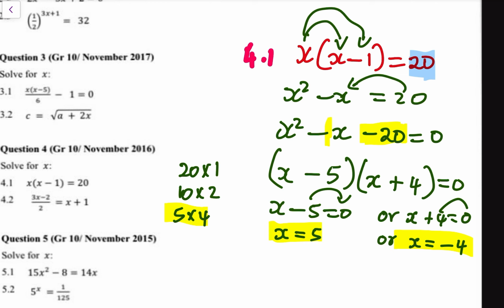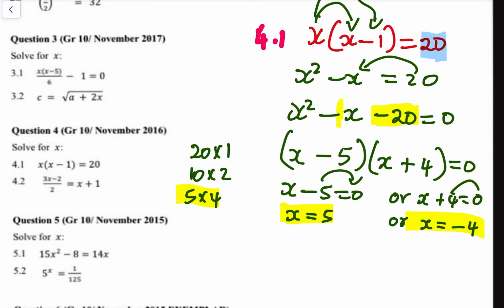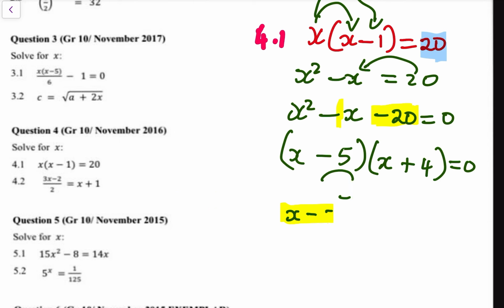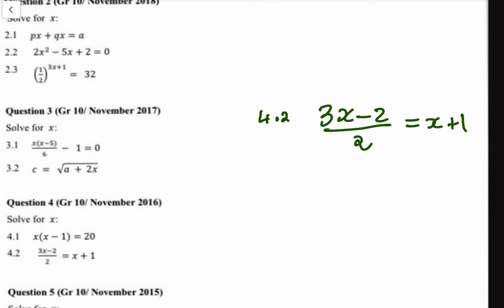Okay. Now let's move to 4.2. We have 3x minus 2 over 2 is equal to x plus 1.